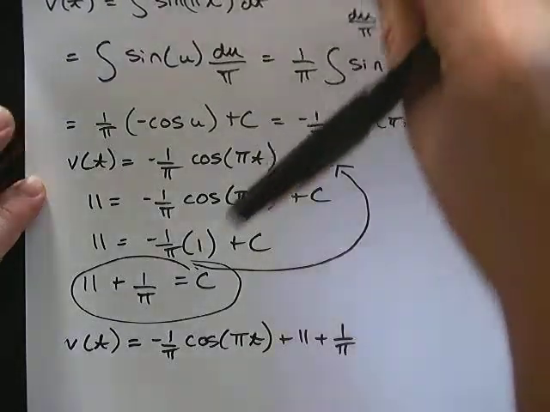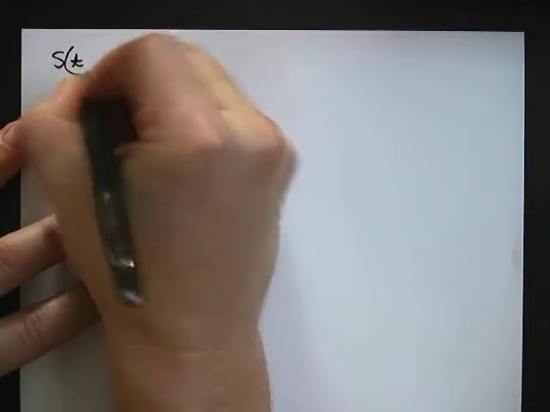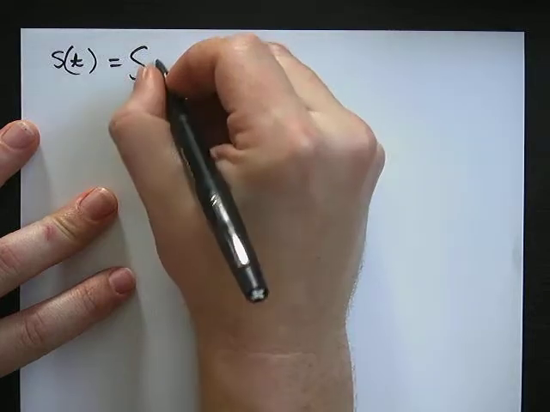Now let's go on to the next step and find the position function. Recall that finding position from velocity is the same thing as we just did when we found velocity from acceleration. The position is the antiderivative of velocity.